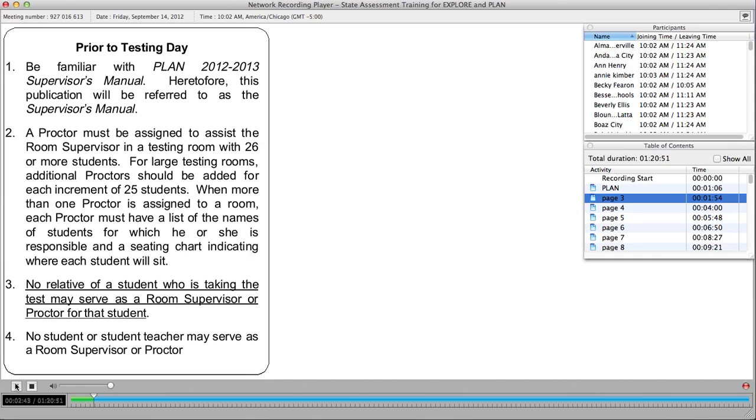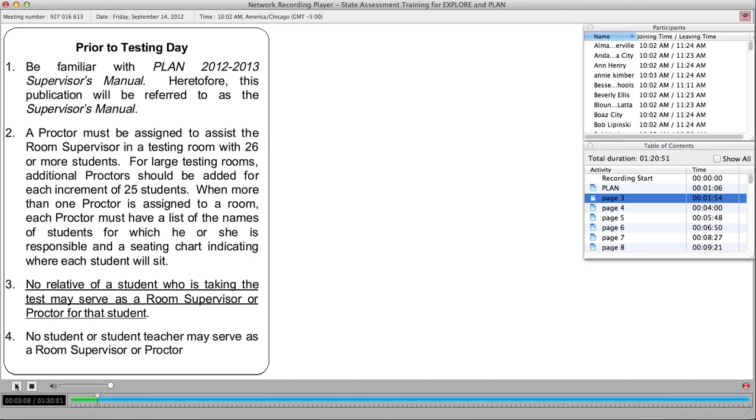And ACT does require that a proctor be assigned to assist a room supervisor who has more than 25 students. So if you have rooms with a larger number than 25, you will need to have a proctor for that room. Of course, as with any state assessment, no relative of a student who's taking the test may serve as a room supervisor or proctor for that student.